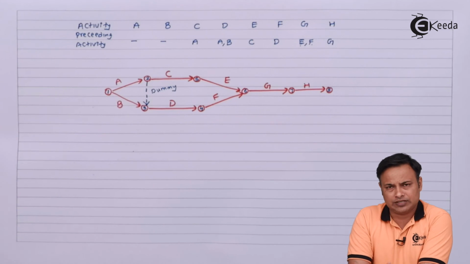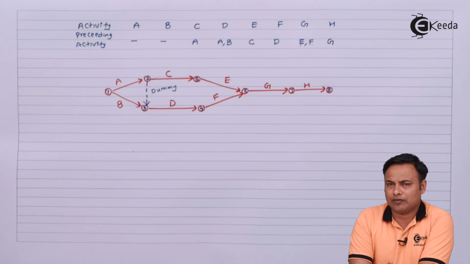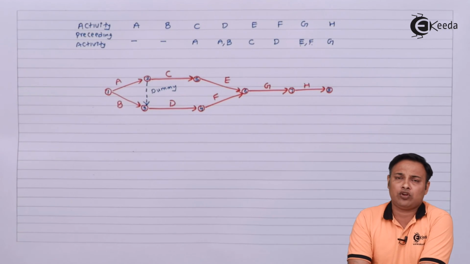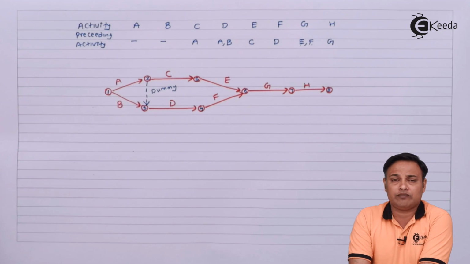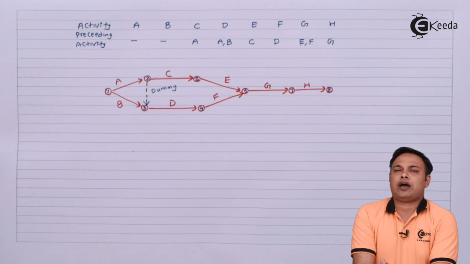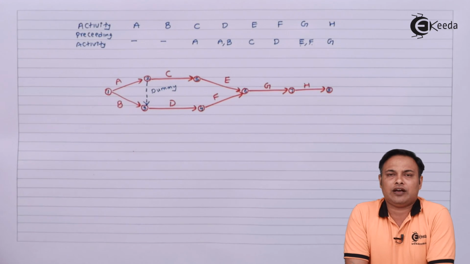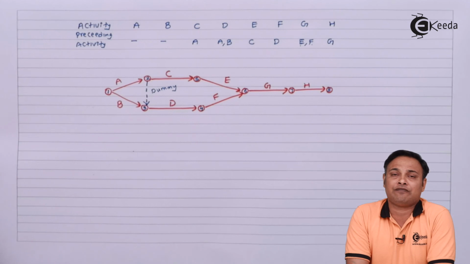I hope you got the basic things that what is a network diagram. Now drawing the network diagram is an art and you need to practice a lot. You have to follow a lot of trial and error method, then only you will become comfortable and familiar with the whole concept of drawing a network diagram. So this was the first part under networking where we learned the basics of drawing a network diagram.